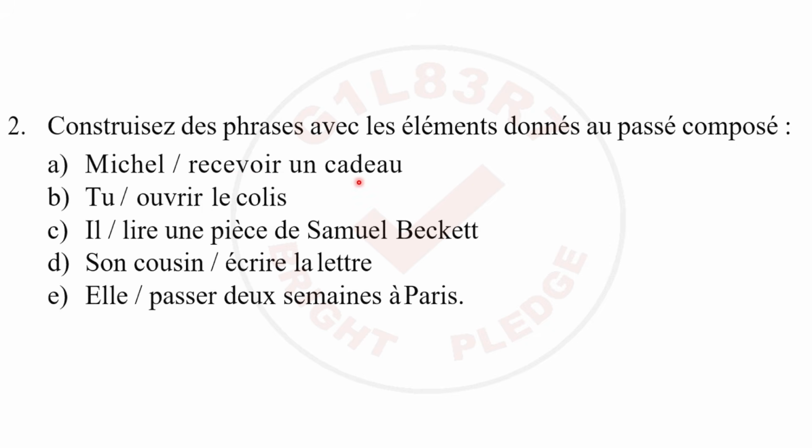Similarly here, you to open the package. Then here he to read a play by Samuel Beckett. Then her cousin to write the letter. And elle, she to spend 2 weeks in Paris.